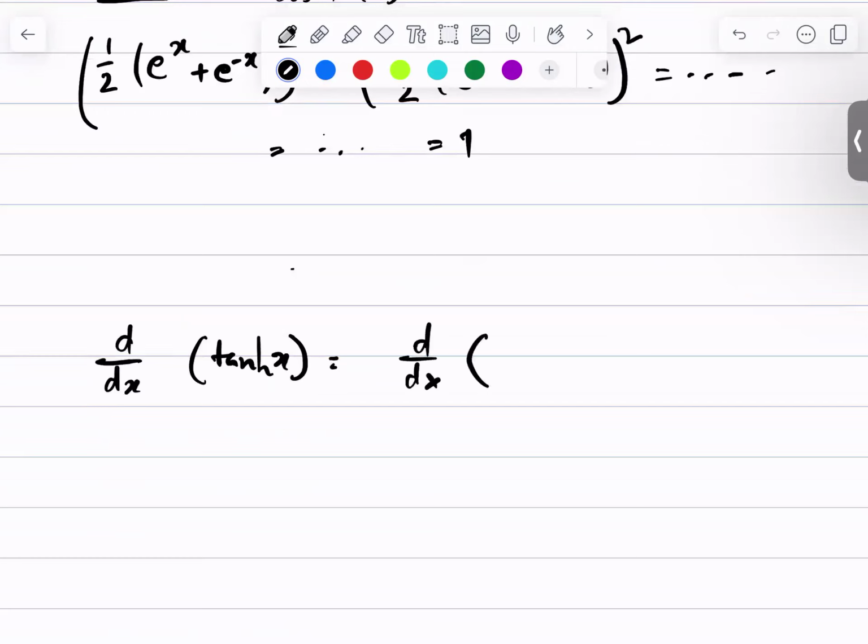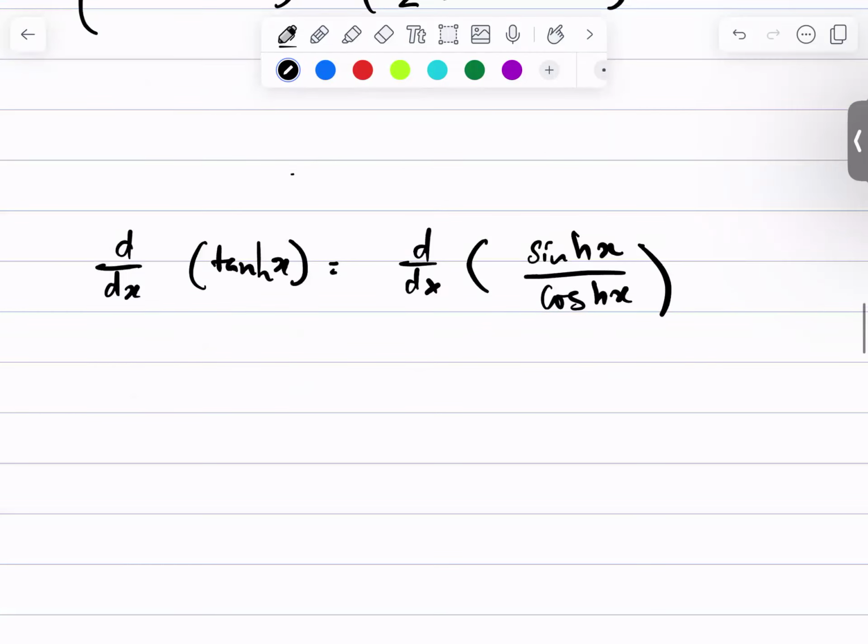Now for d/dx of tangent hyperbolic x, I know what tangent hyperbolic x is. This is basically sine hyperbolic over cosine hyperbolic. And then this is just the quotient rule. We know how to do the derivative of those functions.